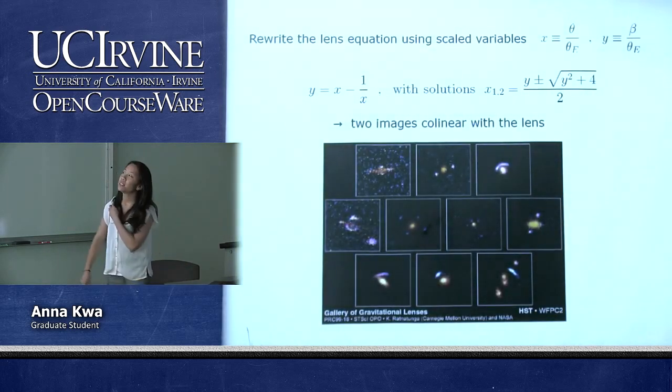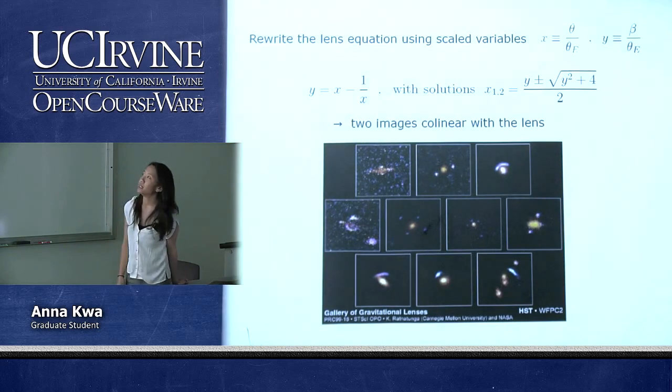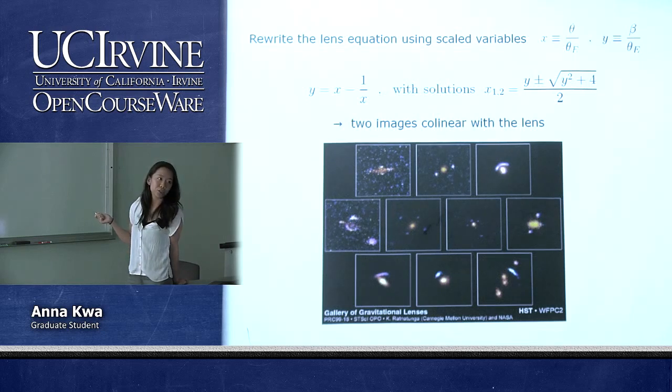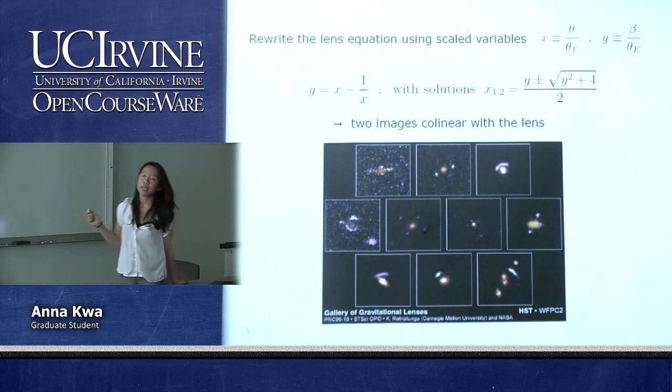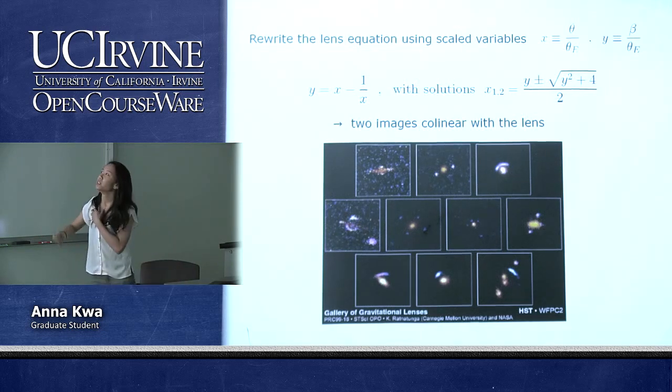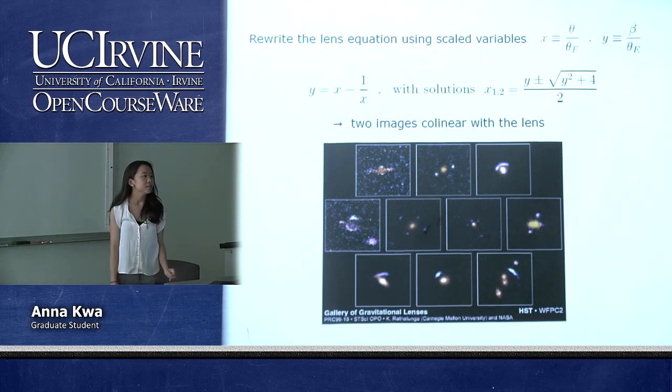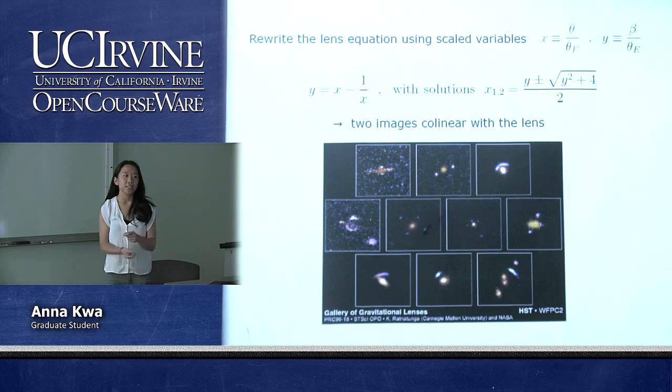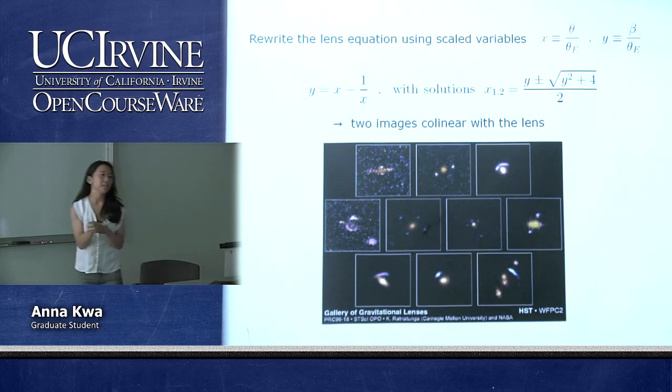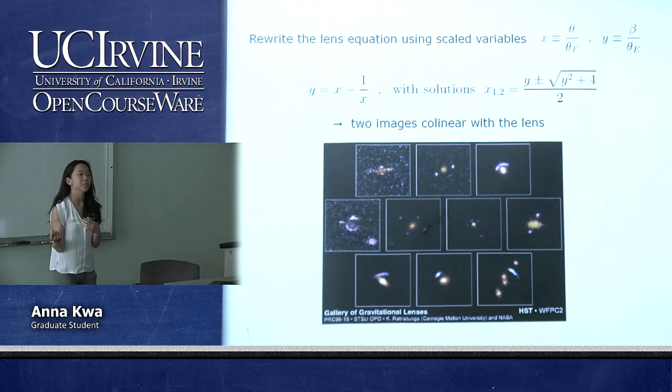So also, if you don't make the assumption that beta equals 0, you can introduce some scaled variables. So x is just a scaled version of theta, and y is a scaled version of beta. And your lens equation becomes something like y equals x minus 1 over x. Can solve that, and you'll get two solutions for x. So what this means is that if you're generalizing to point sources, then when your source is offset from the lens, then you'll get two image positions.